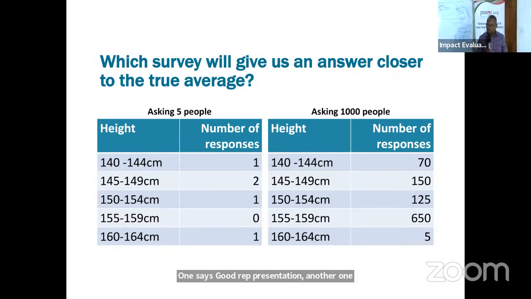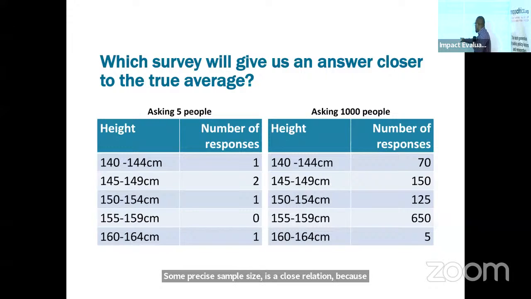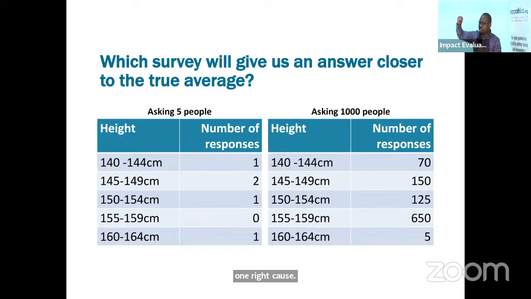Say it louder. The sample size is a close relation because you have so many people. Here you have 0. Here you have only 1 person. So if you compare 125 against 1, I would rely on this rather than that one, right? Because at least you draw a sample of these heights from different people. There's some level of representation, no?